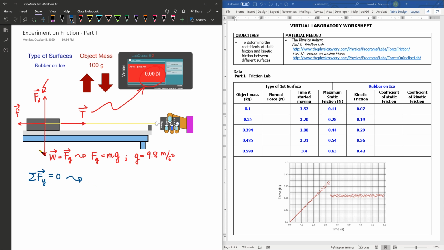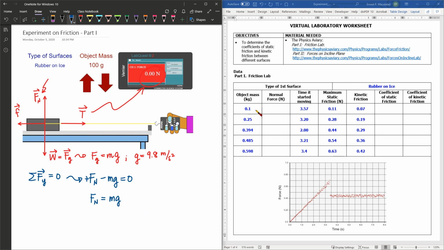So in this case, the sum of the forces acting along y would be equal to Fn, which is positive, minus Fg or mg, and this is equal to 0. Okay, so naturally, using some algebra, the normal force will just be equal to the magnitude of the weight. I repeat, the normal force is not equal to the gravitational force, but only to the magnitude of the weight.